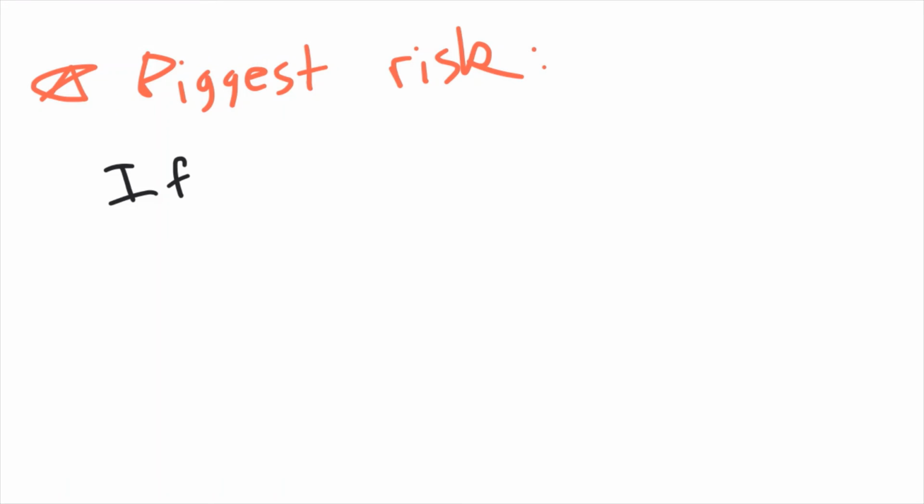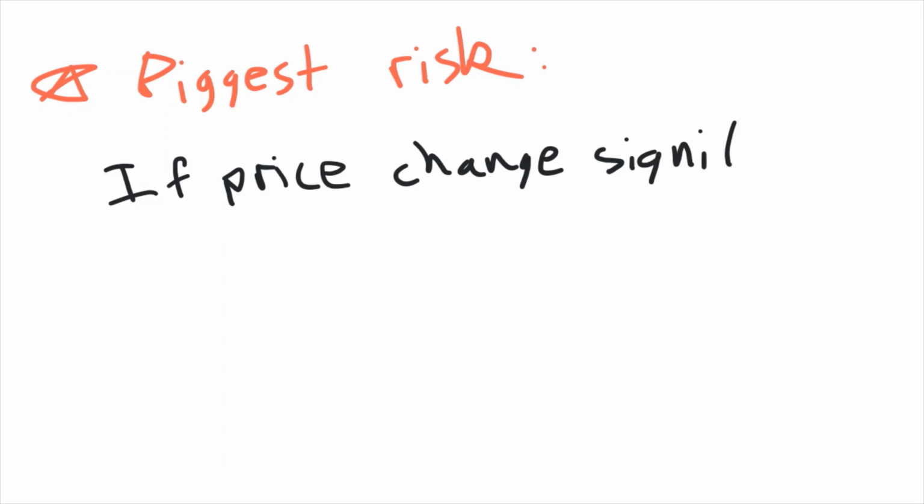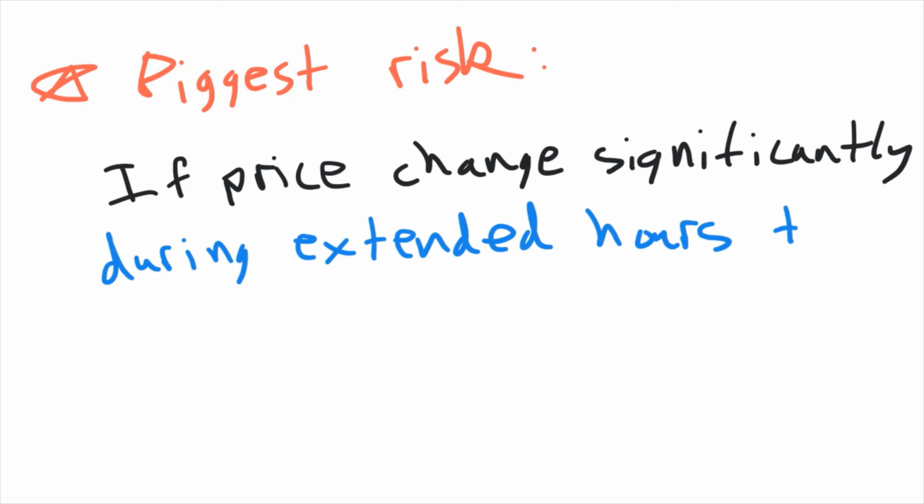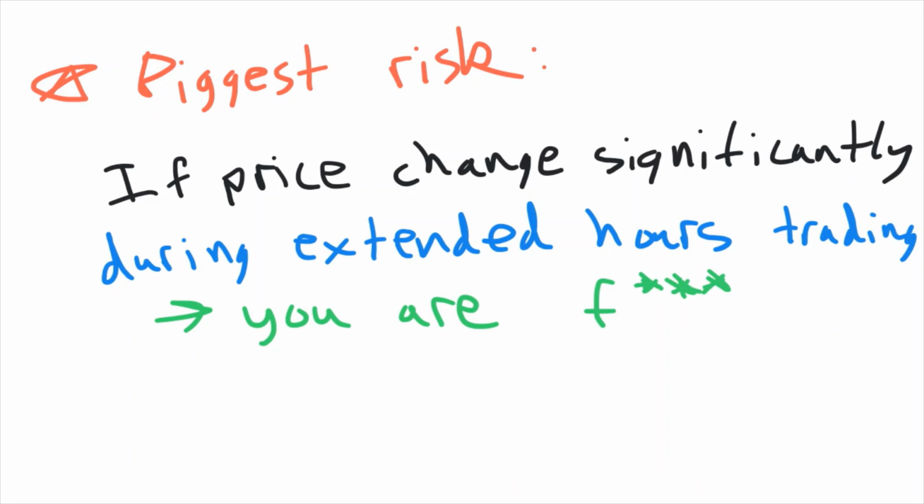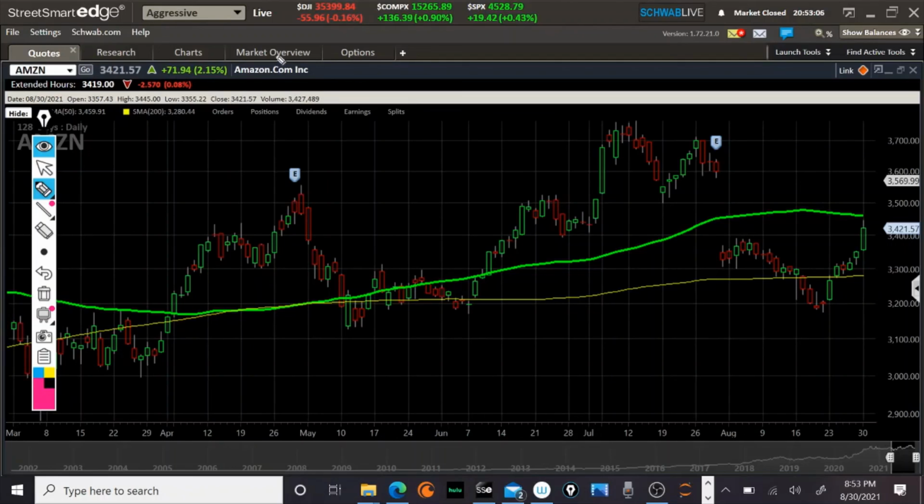But the biggest risk to these orders is if the price changes significantly during extended hours trading, so the after hours and pre-market, you could be hurt because these don't activate during extended hours. So we have Amazon again, and we're going to go ahead and go over the standard market session.